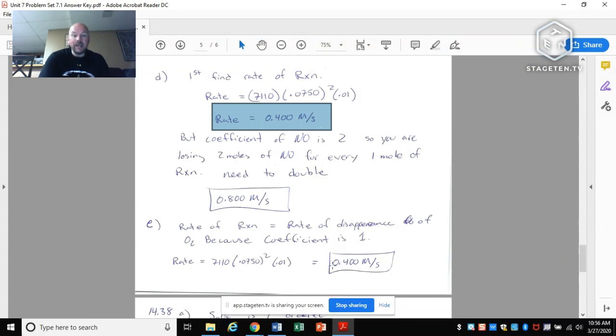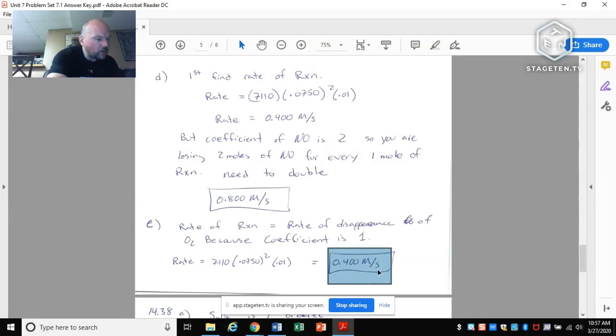And then here is when we would do 0.4, but then we would have to divide by 2. Because again, what does this represent? This represents the rate of disappearance for NO, and for E, they're asking for the rate of disappearance for oxygen. And so you would have to take this and multiply by the mole ratio, which would be 1 over 2. Because again, what this represents is the rate of disappearance for NO.